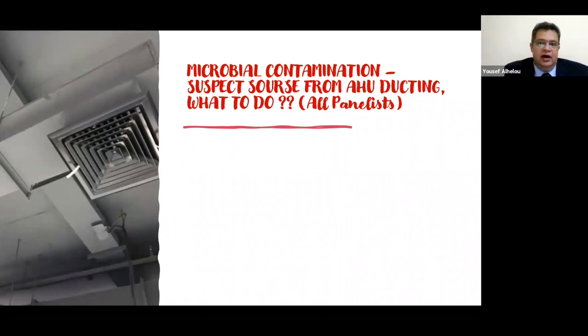And if the results of the microbiological tests from the air and from the culture media show the same microbes, this means it's coming from the air. And for this, we need to redesign and renovate the air handling unit.